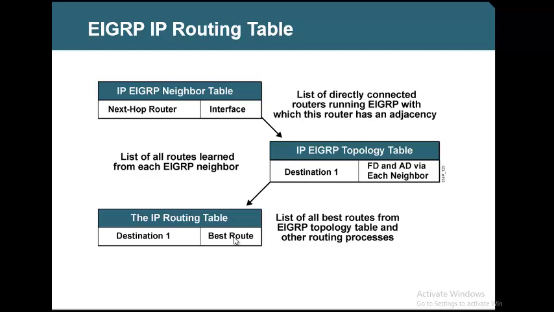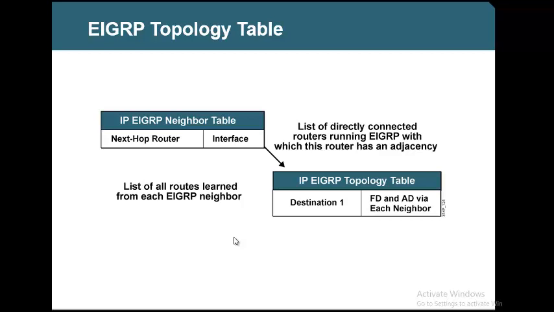So now, having this introduction to the topology table, I would like to go back to the previous page. This one we just saw. List of all the routes learned from the EIGRP neighbor. You will see them in the topology table, but I want to make a correction. It is not going to be all learned routes. It is going to be the best route and the routes that satisfied the feasibility condition.